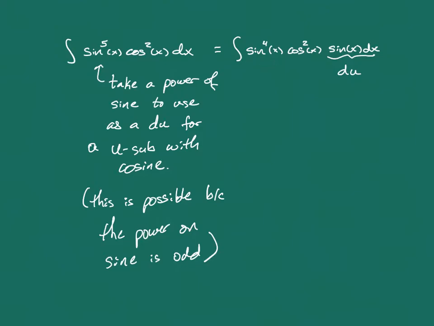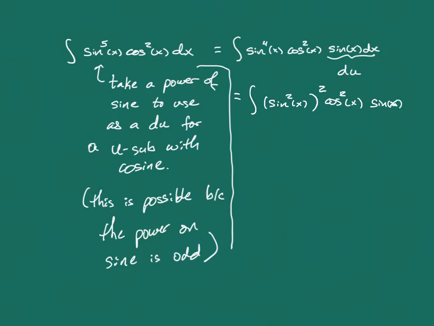Well, here's where the power of the sine being odd comes into play. So what we can do then is to say that our integral of sine to the 4th really becomes sine squared squared, and then we've got cosine squared and then sine of x dx.